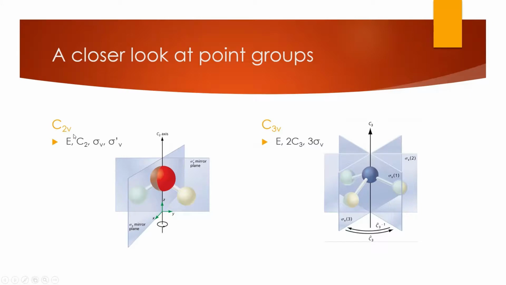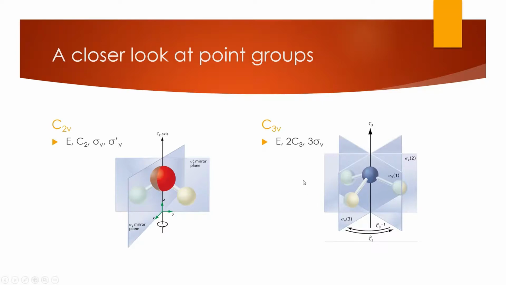And I've written this in an interesting way. Here I've written that these mirror planes are different. So I have a sigma v and a sigma v prime, but over here for ammonia, I have 3 sigma v. Now, did I just get lazy? I didn't just get lazy, actually. What we're saying here is that there's something different about these mirror planes. So for example, if we look at ammonia, I have 3 mirror planes that bisect each nitrogen-hydrogen bond there.